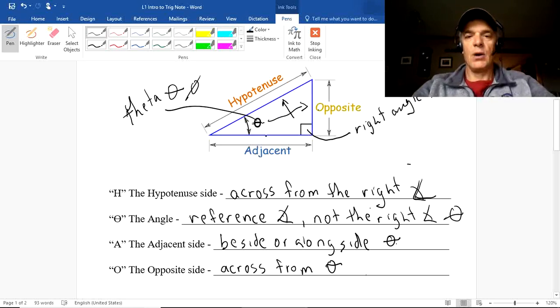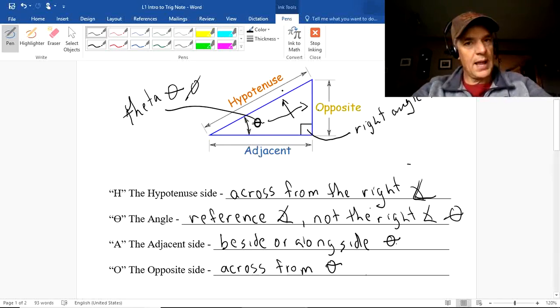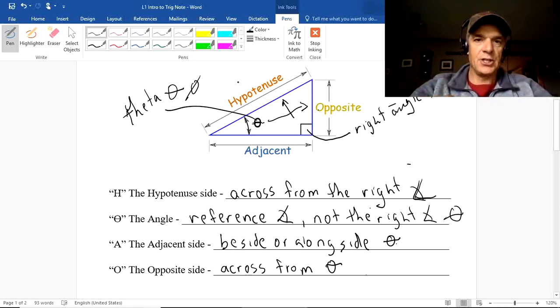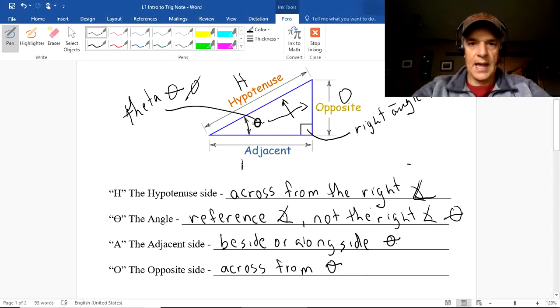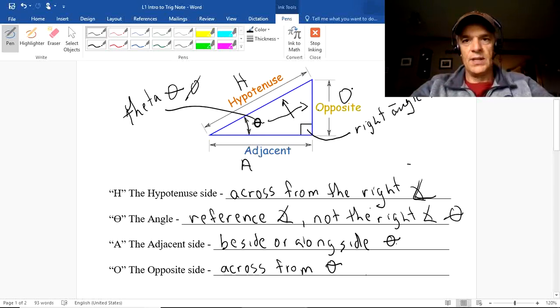Okay. Now, of course, mathematicians are extremely lazy. They don't write out the words hypotenuse, opposite, and adjacent. They use three letters, capital H, capital O, and capital A. The one that's a little bit tricky sometimes is the O because it could be confused for a zero, but generally speaking, those are the labels that they're going to use, and you're going to see me use them over and over again as we do trigonometry, okay?